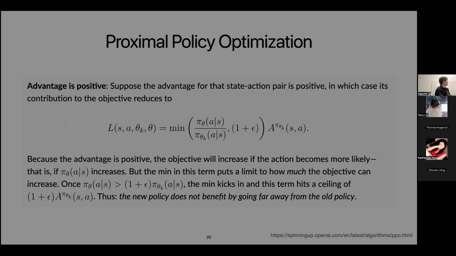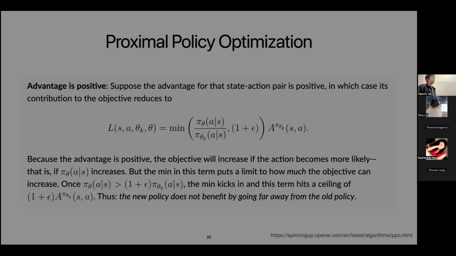And this pi theta is something we are going to optimize in the next time step. In this case, what we want is for pi theta to produce a higher probability for action A, because the advantage function is positive.